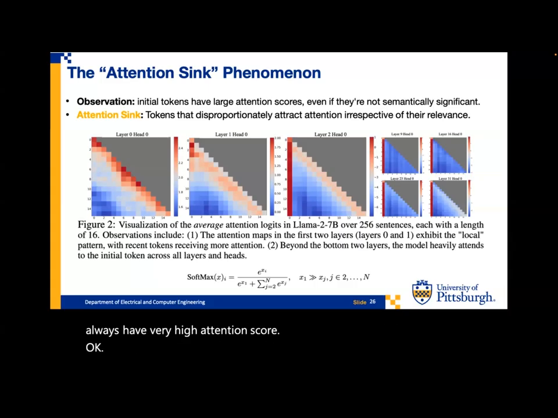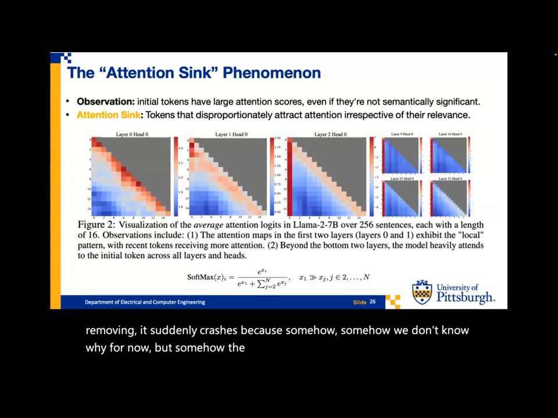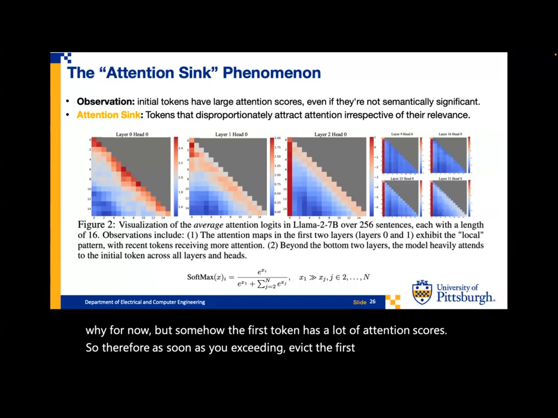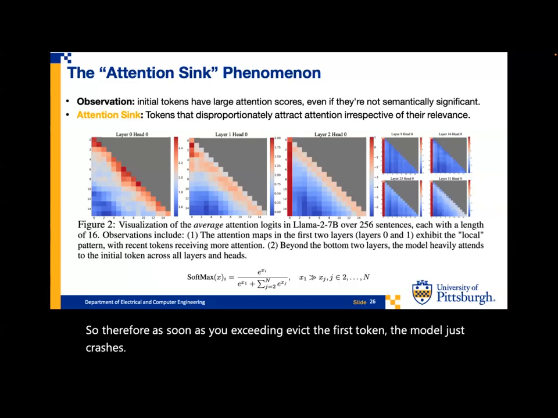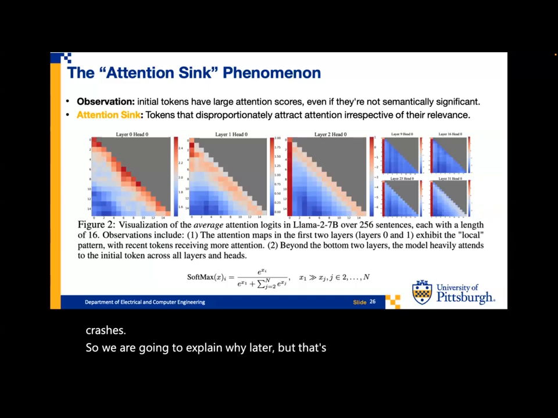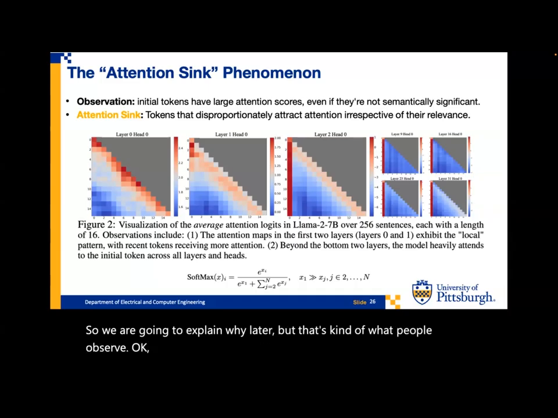That kind of explains why, if you just keep removing it, it suddenly crashes. We don't know why for now, but somehow the first token has a lot of attention scores. So as soon as you evict the first token, the model just crashes. We are going to explain why later, but that's what people observed. Based on this observation, of course, there's a simple fix.